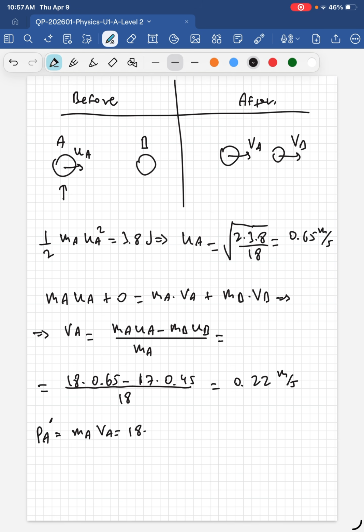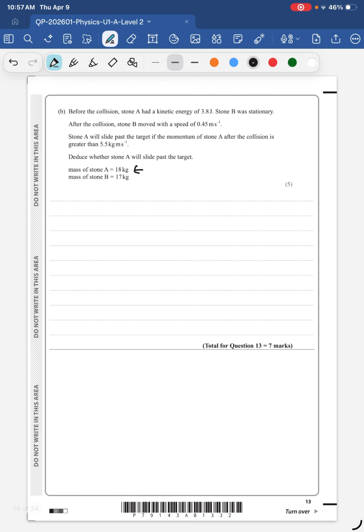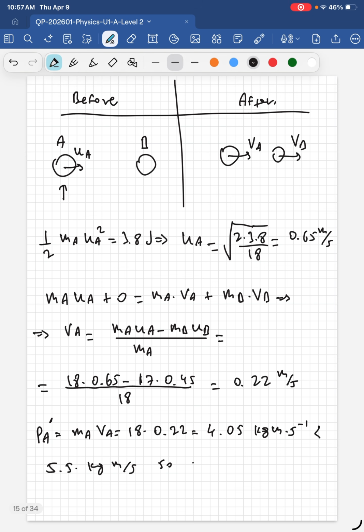So we have 18 times 0.22, which is equal to 4.05 kilograms meters per second, which is less than 5.5 kilograms meters per second. So it won't slide past the target.